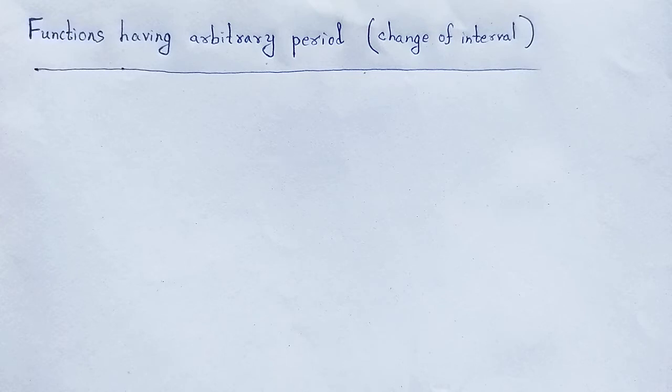In electrical engineering, some problems involve functions whose period is not always 2 pi, but T, or we can say 2c, where c is any positive real value. So this period must be converted to the length of 2 pi. The independent variable x must also be changed proportionally.